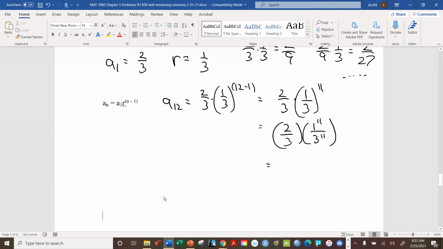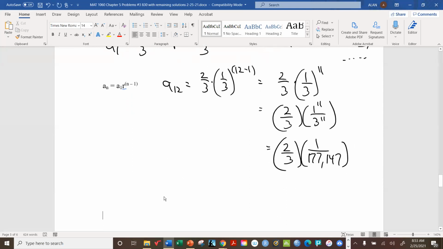And then we'll have 2/3 times 1 over 3 to the 11th, which we had a little while ago, was 177,147. That equals 2 over, in the denominator, 531,441.